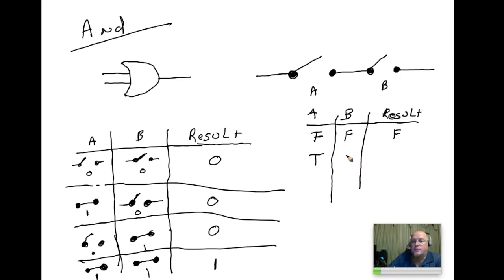If A is true, B is false, the answer is false. If A is false, B is true, the answer is still false. And then only when A and B are true is my answer true. And that's the basic understanding of what an AND gate is.